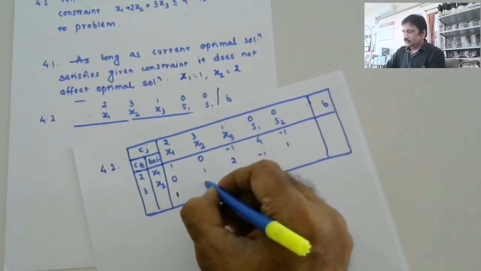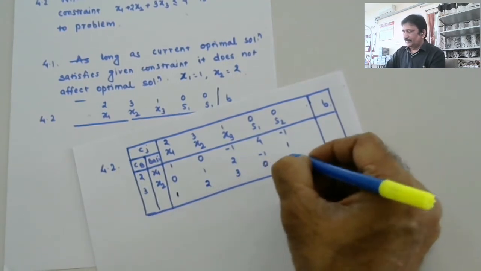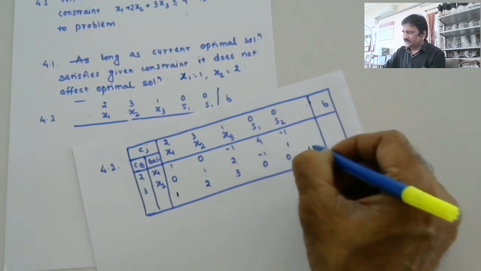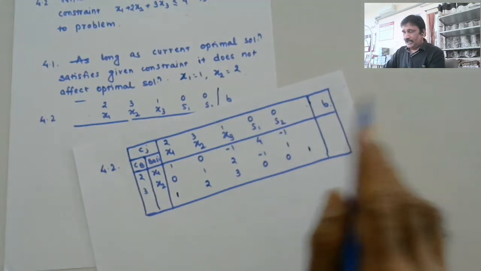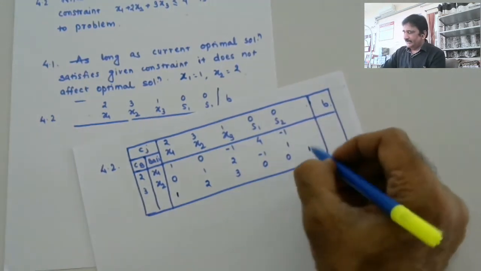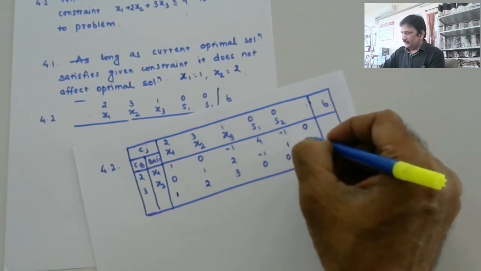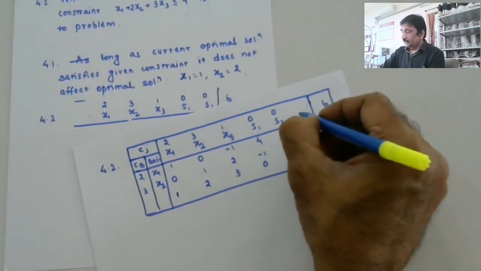So it is x1 plus 2x2 plus 3x3 plus 0s1 plus 0s2 plus s3. Because that is less than or equal to, I'll be adding a third slack variable there, and that third slack variable will have coefficient zeros in the earlier two constraints.